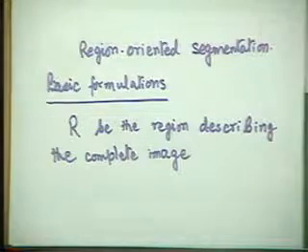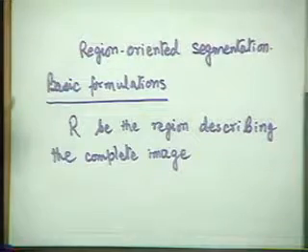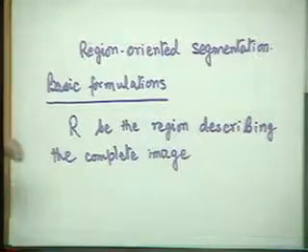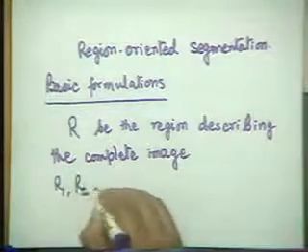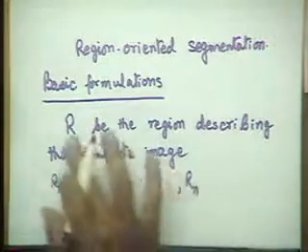And let us segment this region into a number of smaller partitions, or segments of the image, each of which is nothing but a smaller region. So let R1, R2, up to Rn be the n smaller regions or partitions existing in the image, so that R is divided into all these partitions. With this definition, we can define the following properties.